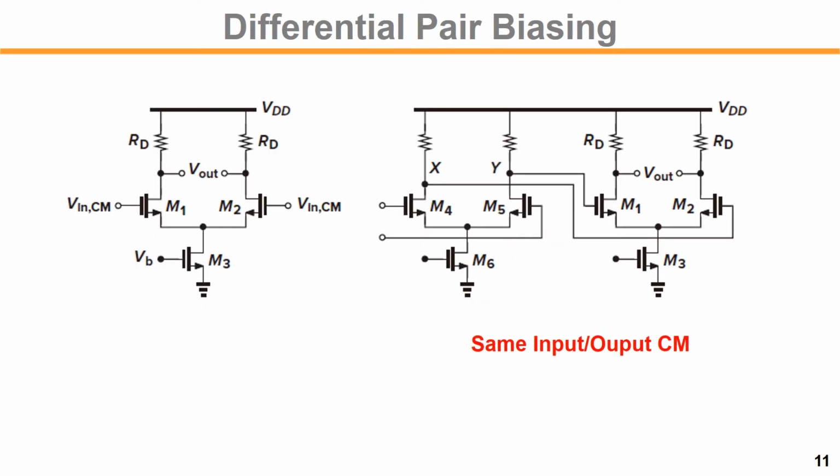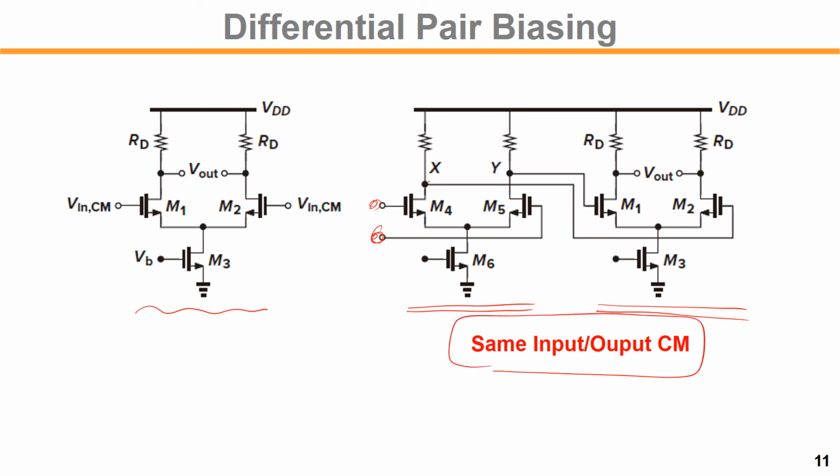In the differential pair amplifier or buffer, anything, typically we cascade the same structure over and over. In that case, input signal range and output signal range are the same, right? So you have to properly choose the input common mode and output common mode in this scheme.